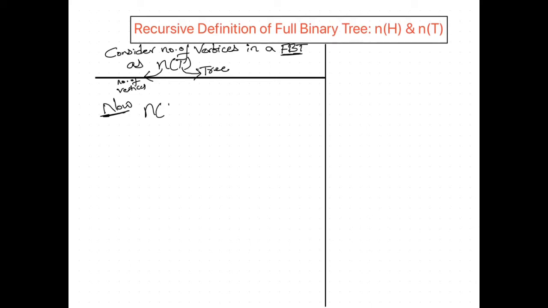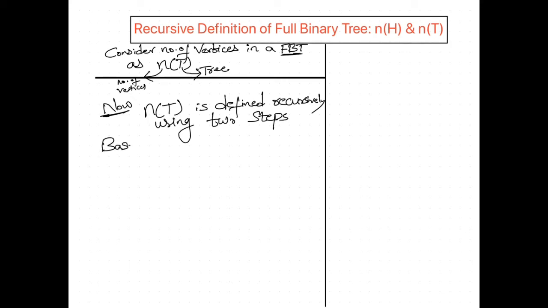Now n of T is defined recursively using two steps. What is the first step? Basis step. So n of T is equal to 1.